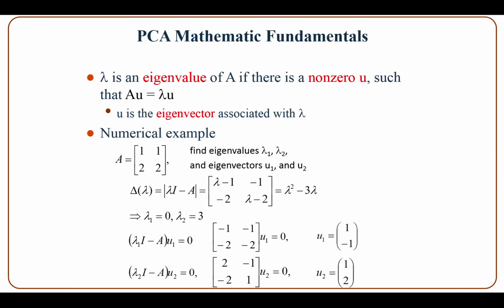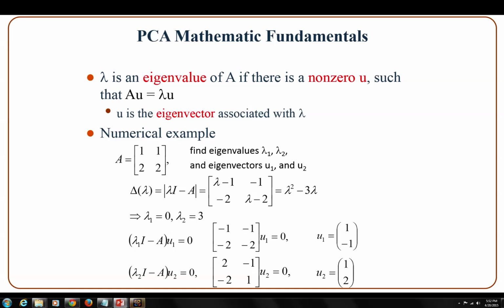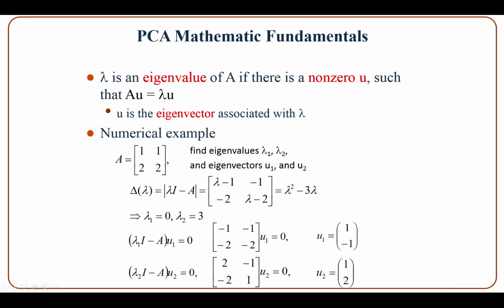This page shows a numerical example. Given a matrix A, we can find the eigenvalues and eigenvectors. The first step is to find a characteristic polynomial and set it equal to 0 to get two eigenvalues, and from there plug in the eigenvalues to get the eigenvectors.